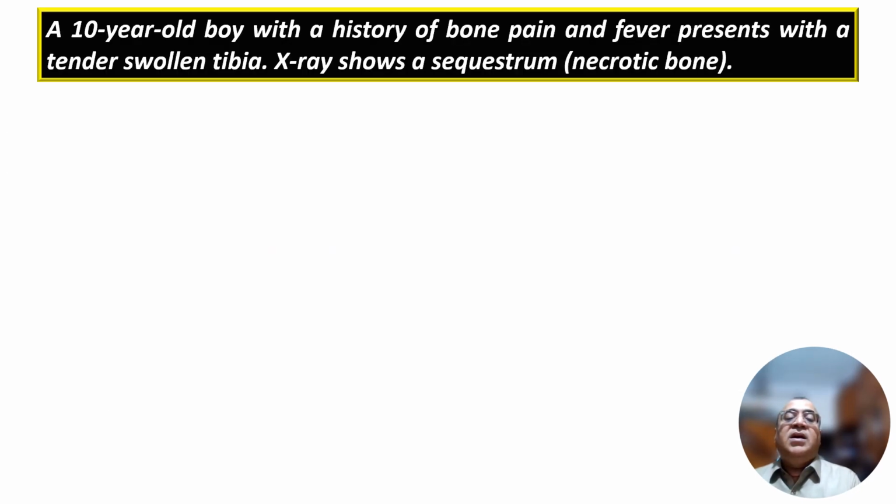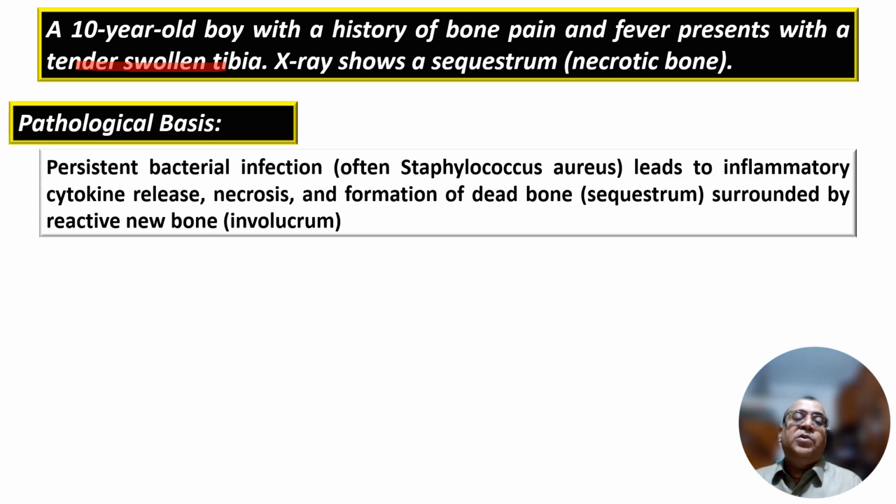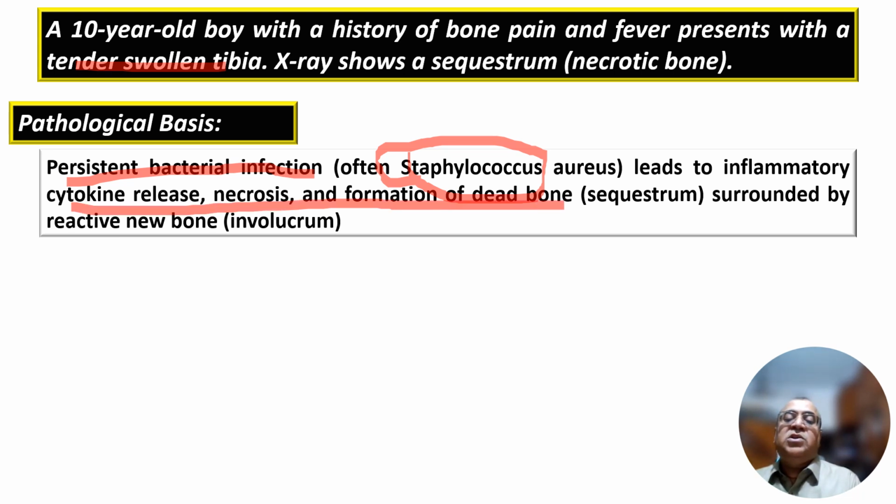Then a 10-year-old boy with a history of bone pain and fever presents with a tender swollen tibia. X-ray shows a sequestrum, that is a necrotic bone. The persistent bacterial infection, often Staph aureus, leads to inflammatory cytokine release, necrosis and formation of dead bone that is termed sequestrum, and this dead bone is surrounded by involucrum or reactive bone formation.